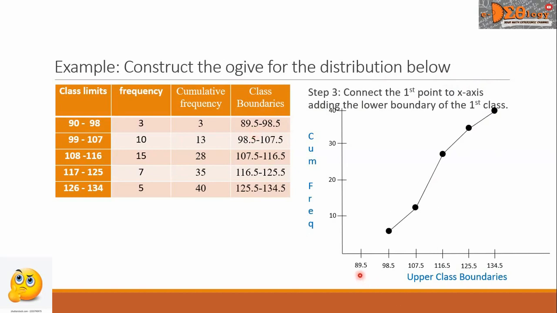So we added the 89.5 here, assuming that this 89.5 has 0 cumulative frequency, and that is the point. Connecting this point with the first point of the graph, here we go. This is now the ogive for the given distribution. This is our final answer.